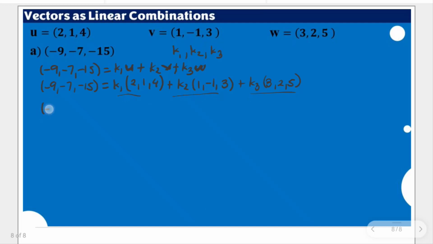So this is still -9, -7, -15 equal to 2 k sub 1, k sub 1, and 4 k sub 1, plus k sub 2, negative k sub 2, and 3 k sub 2, plus 3 k sub 3, 2 k sub 3, and 5 k sub 3. Now that we have this, we can use vector addition here.